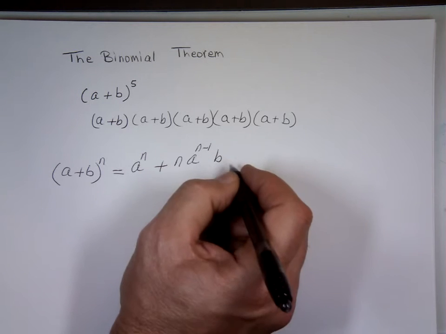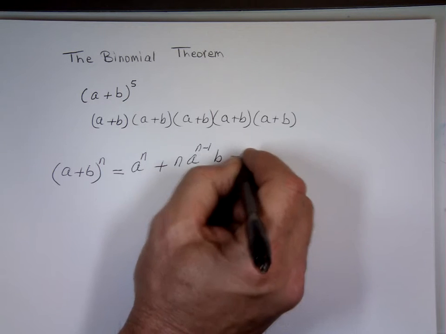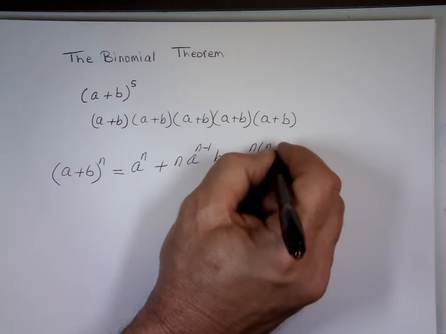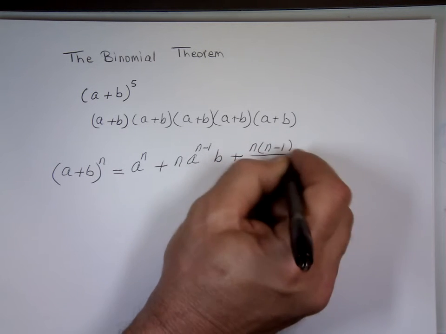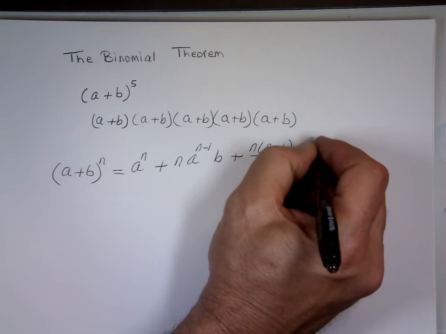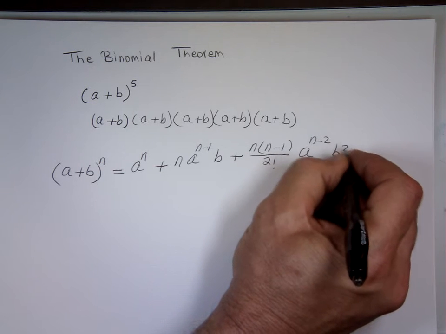That's b to the 1. And the next one should be n times n minus 1 over the 2 factorial. I'll explain what that is in a minute. A to the power of n minus 2, b to the 2.